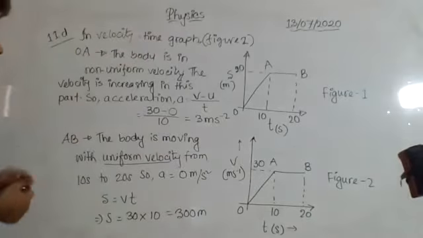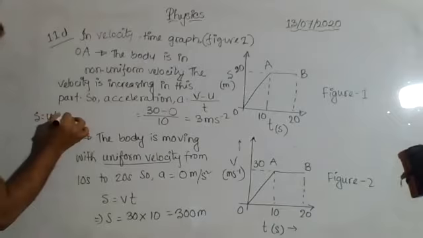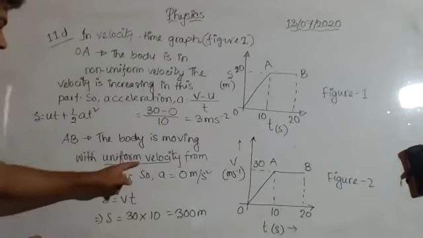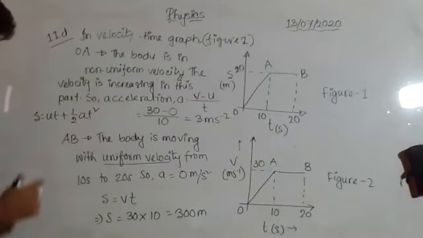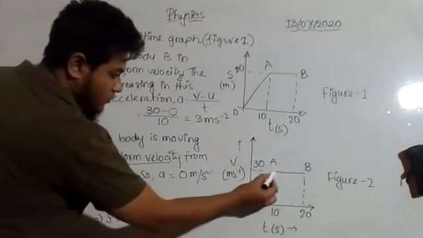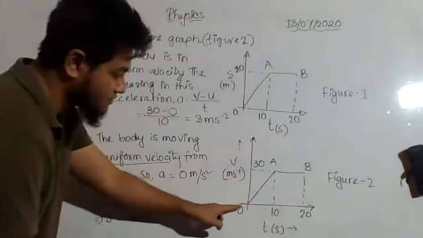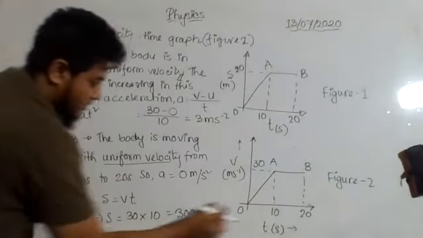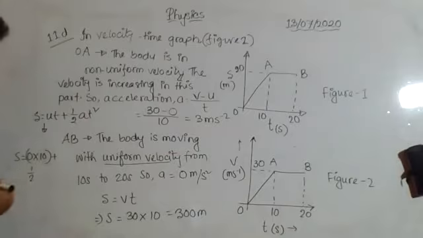So how can you calculate the distance here? Whenever there is acceleration, we will apply the formula s equal to ut plus half at square. Not the previous one. That is for uniform velocity, but this is non-uniform velocity. So here we will apply this formula. s equal to u, the initial velocity for the OA part. What is the initial velocity? 0. So it will be 0 into 10, the time for this part, plus half at square.